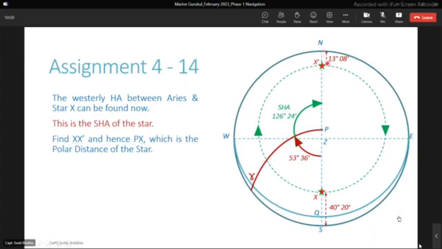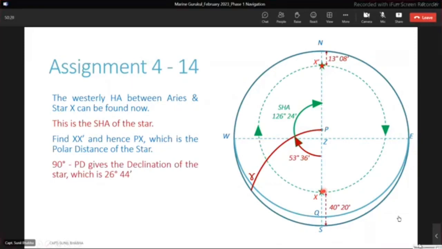Now if I subtract 13 08 NX dash and SX 40 20 from 180, I can get the diameter of this particular circle. So 180 minus 13 degrees 08 minutes minus 40 degrees 20 minutes gives me the diameter of this circle, which is XX dash.